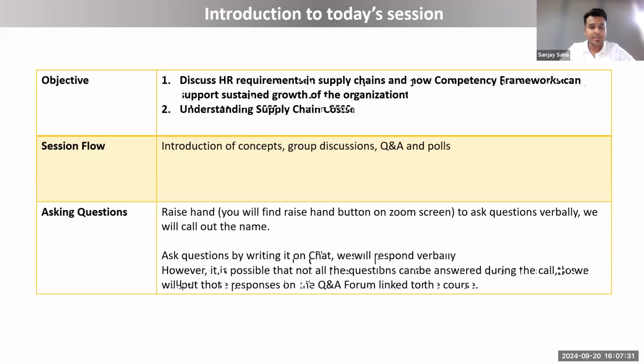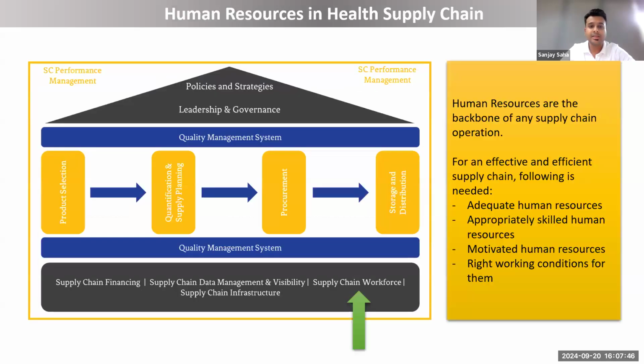So today, like I said, we will discuss HR requirements in supply chain, competency frameworks, what they are, and how they can help you. And we will also try to understand supply chain costs. So very quickly, all of you who have done CLC1 may have seen this and may remember this framework.